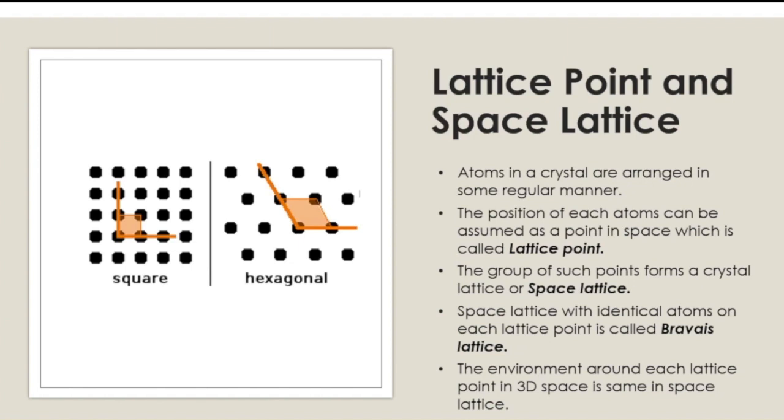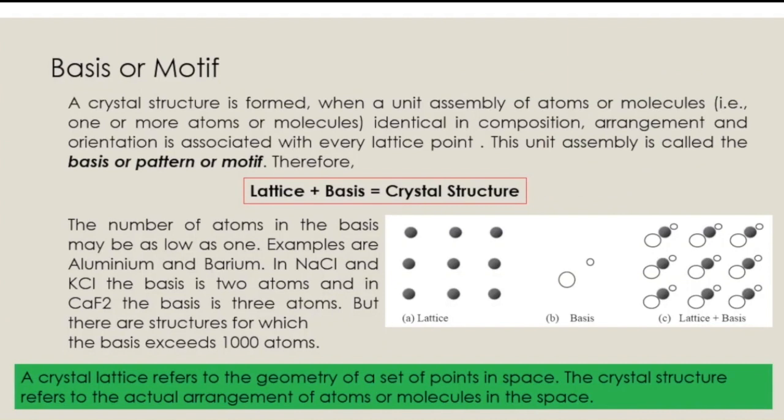Now, when a crystal structure is formed, there is a unit assembly of atoms, as you can see here. This unit assembly of atoms has some special arrangement which is associated with each lattice point. So this unit assembly is called the basis, and when the basis meets the lattice, then the crystal structure is formed.